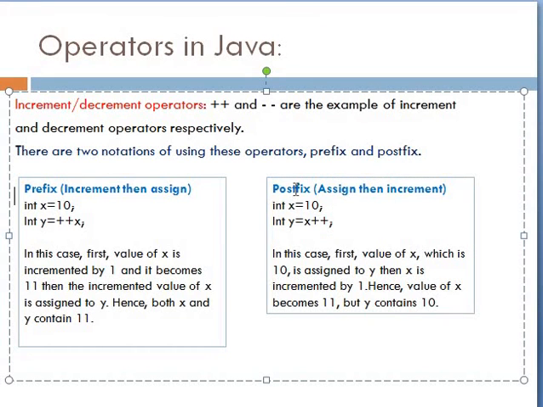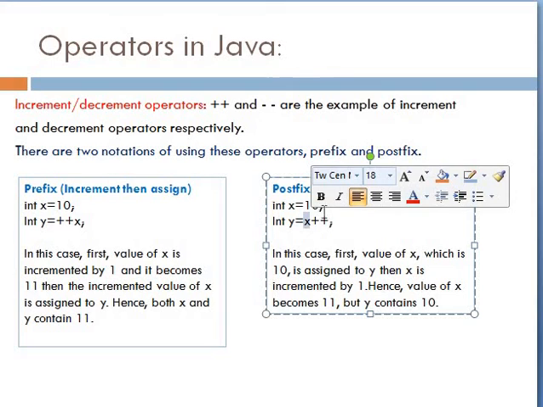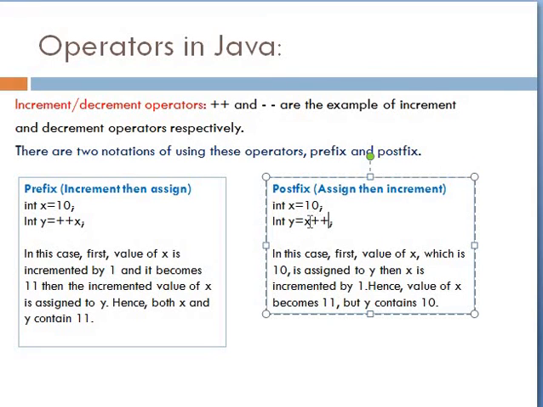Now in the postfix notation, at first the assignment shall be done, then only the increment should start. If you see this second Java statement, the value of x shall be assigned to the variable y first. Since the value of x was 10, as declared in the first Java statement, the value 10 from this variable x shall get stored in the variable y.